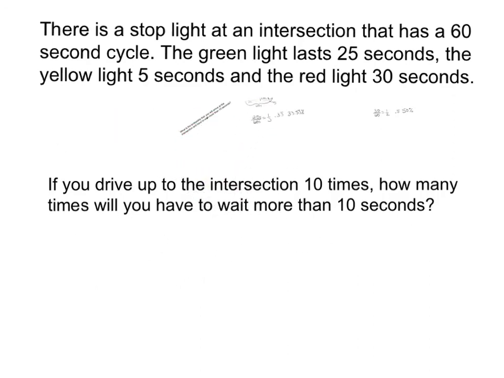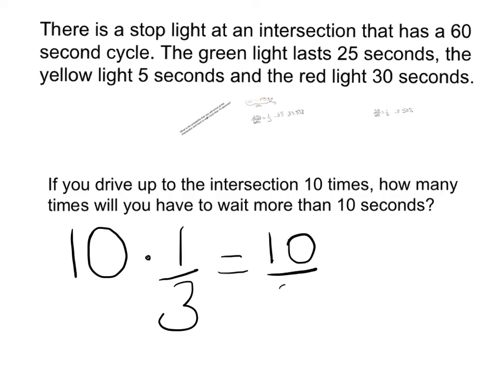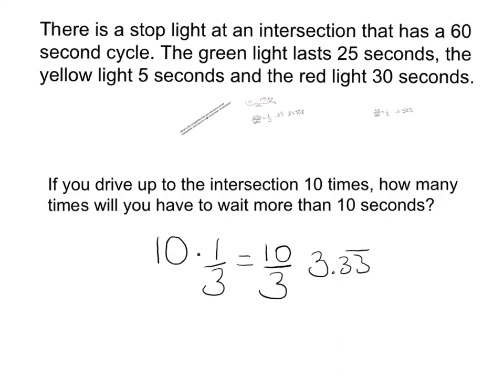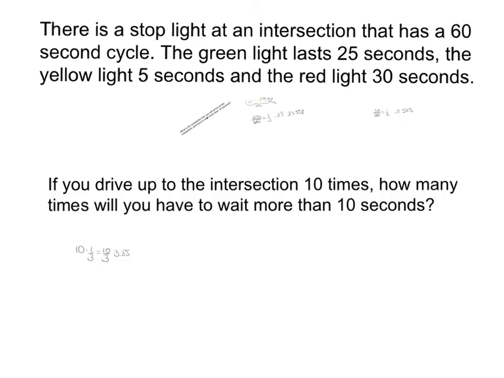That means that if you drive up 10 times, then 1/3 of those 10 times you're going to have to wait. And that is 3 and 33 hundredths repeating, which means that out of all of that, that is about 3 times.